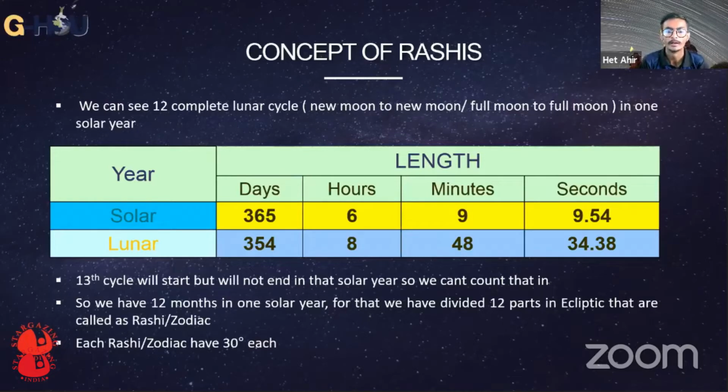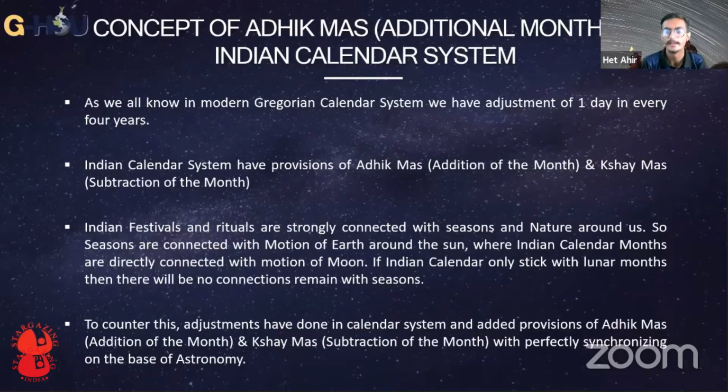In our general calendar, we use the solar calendar. In the solar calendar, we have 6 hours of balance every year, but in the lunar calendar, we have 11 days of balance.